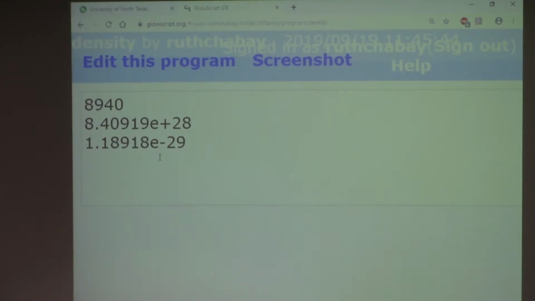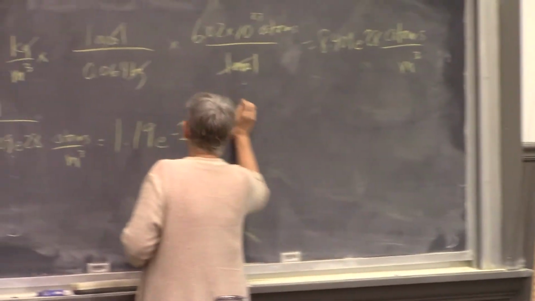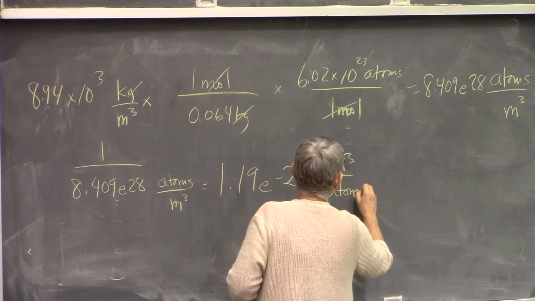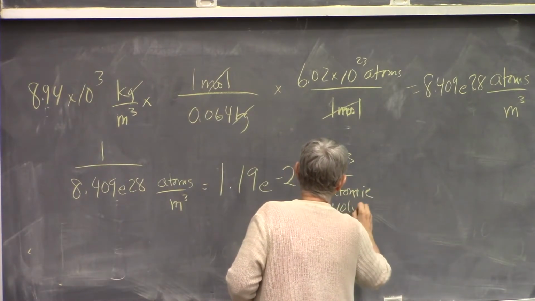Which gives us 1.19 times 10 to the minus 29 for atomic, we'll put atomic volume here.